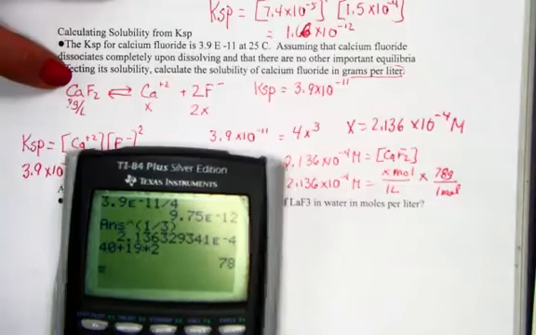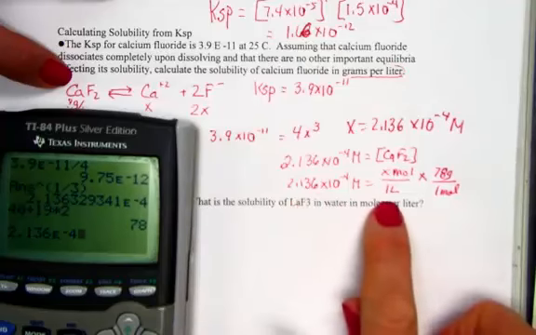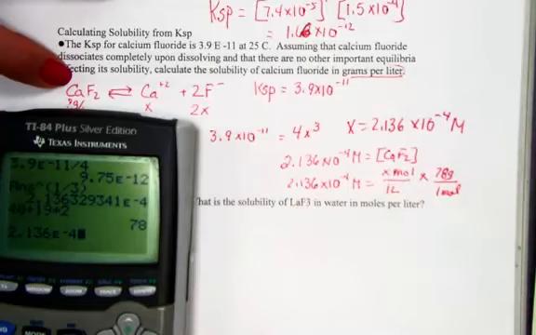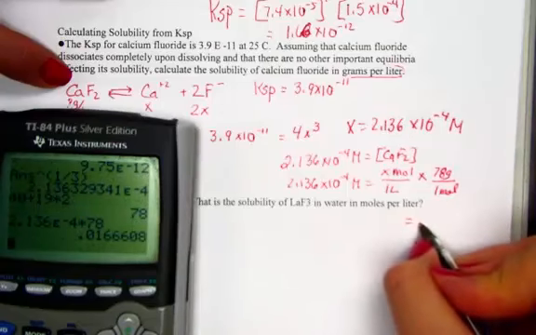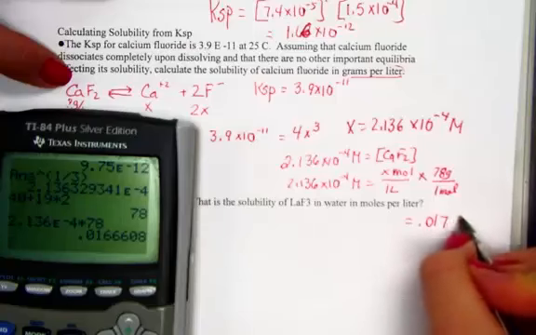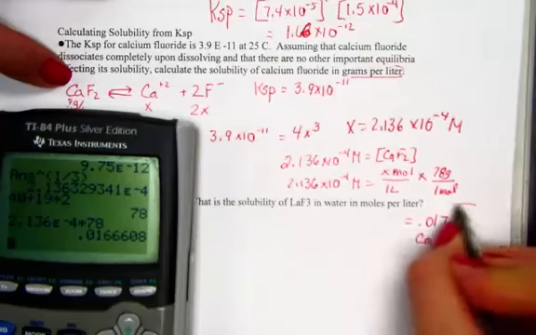Alrighty, so let's hit for the answer. We have 2.136 e negative 4 times 1 gives us moles. Moles times molar mass, so times 78. And we find our answer, 0.017 grams per liter of calcium fluoride.